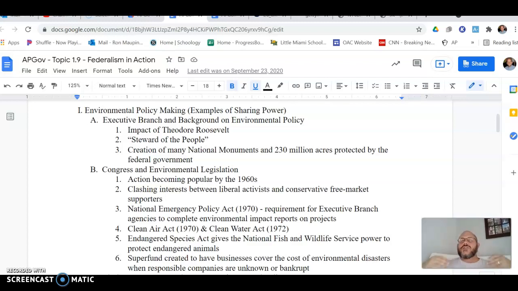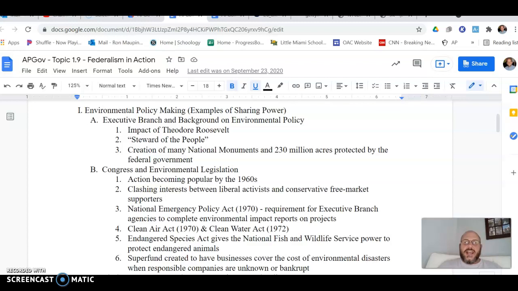If you have a major oil spill, for example, that might be responsible for billions upon billions of dollars of damage, an oil company that would be responsible for creating that mess may or may not have the financial resources to cover the cost of the cleanup. And so the question becomes, well, what do you do at this point? Well, that's where Superfund comes in.